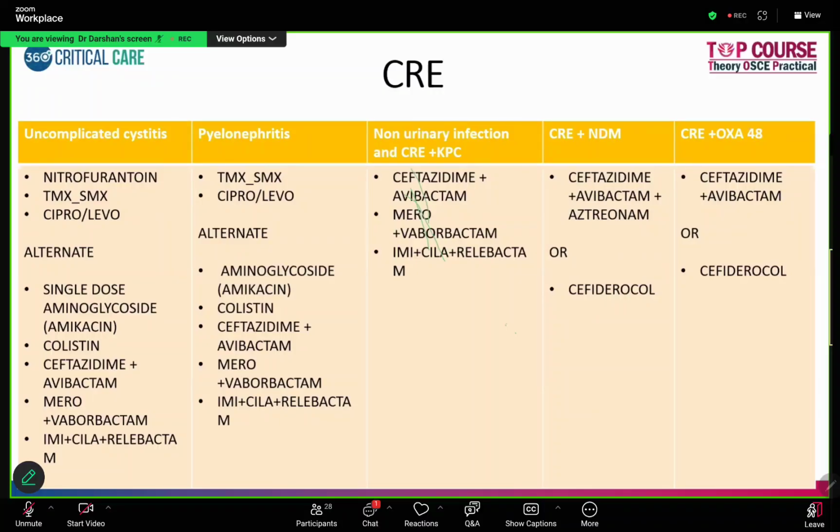The rest is what I've already mentioned earlier: CRE plus NDM, CRE plus OXA-48, or CRE NDM plus OXA-48. Remember this. If you take a screenshot of this, it should be enough. Here you can write it as NDM plus or minus OXA-48.